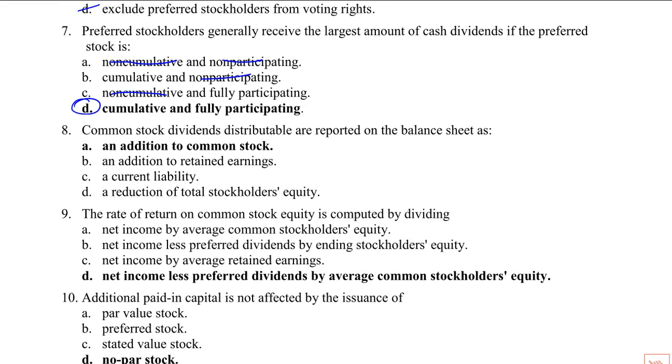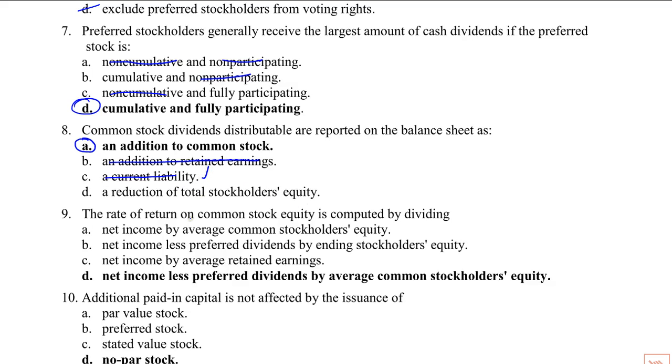Common stock dividends distributable are reported on the balance sheet. This would be a tough one. I've said it a couple times. They are in addition to common stock. They're definitely not in addition to retained earnings because retained earnings is its own account. No way a liability, but you may have thought that if you thought of dividends payable. So that's probably the tricky incorrect answer.